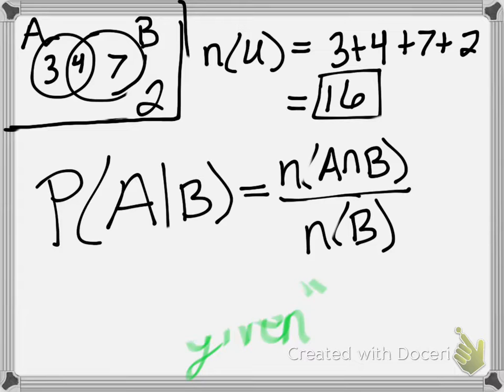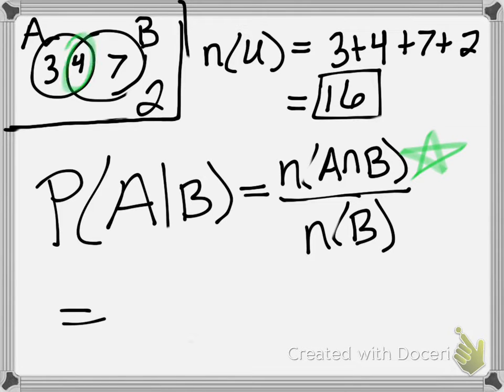So let's kind of go through this. Now, if we use the probability of A and B as the numerator, there are 4 in that intersection.